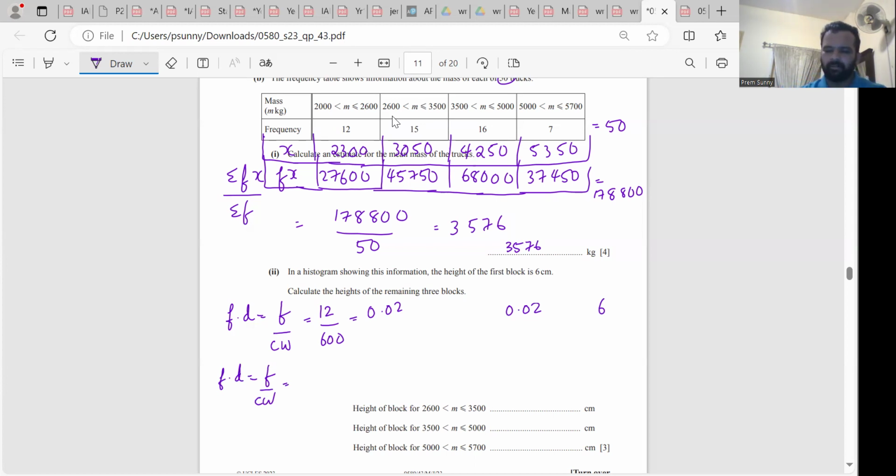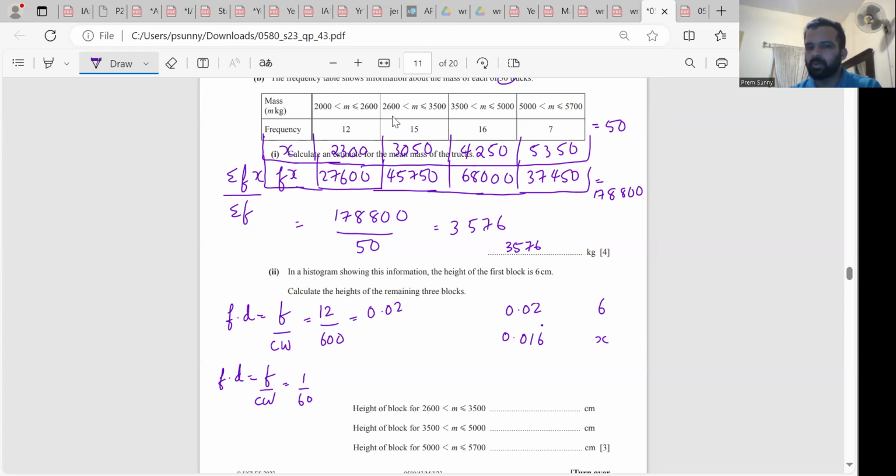So 15 divided by 900 will give me 1 by 60, which in decimal is 0.016 recurring.